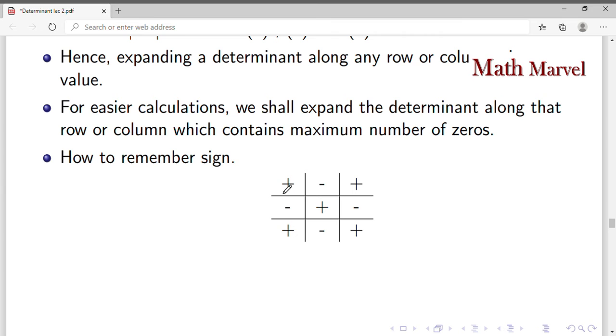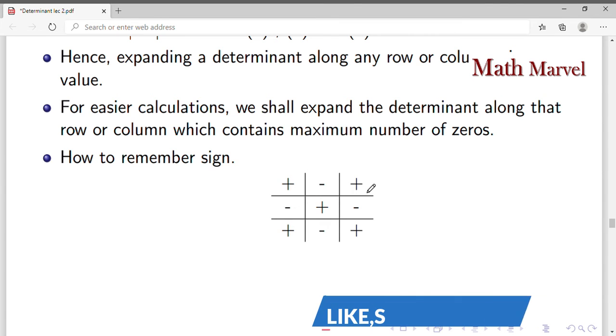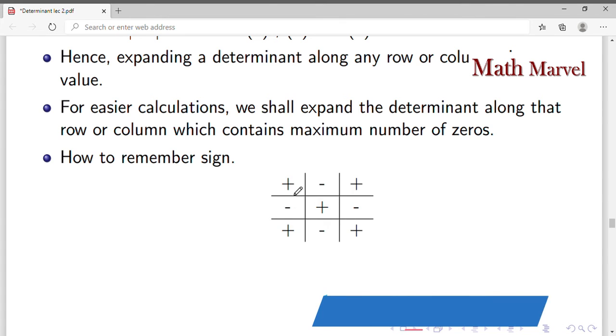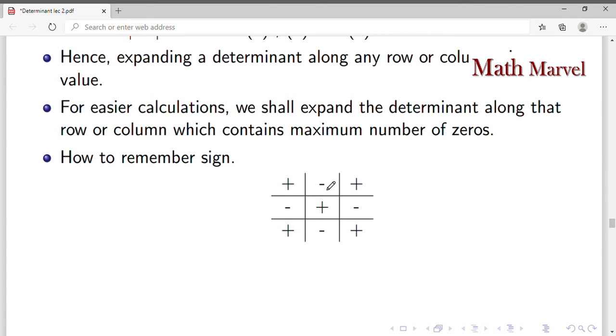For the first row, for the first element the sign is plus, for the second element the sign is negative, for the third element the sign is plus. In the same way, alternate signs: minus plus minus for the second row, and plus minus plus for the third row. If you remember this table, there is no need to write minus 1 raised to i plus j. From this you can directly write the sign.